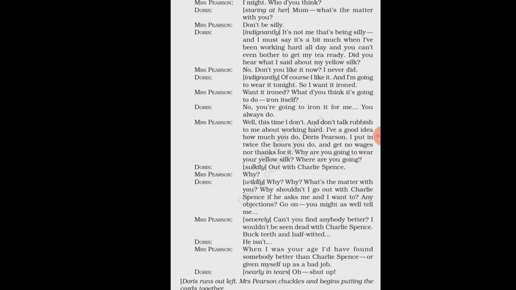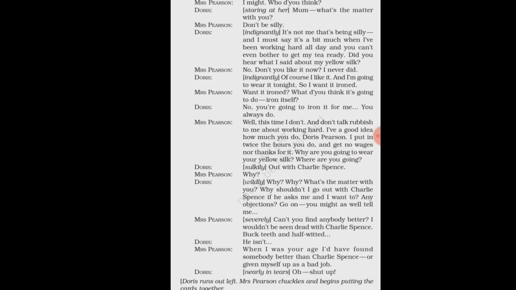Mrs. Pearson says, can't you find anybody better? She wouldn't want to be seen dead with Charlie Spence, buck teeth and half-witted. So Doris says he isn't. And Mrs. Pearson says when she was Doris's age, she would have found someone better, not someone like Charlie Spence. So Doris is almost in tears and she says shut up.